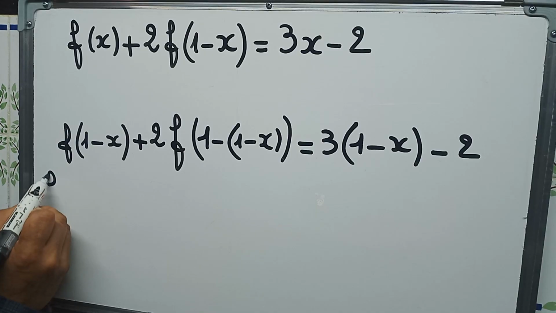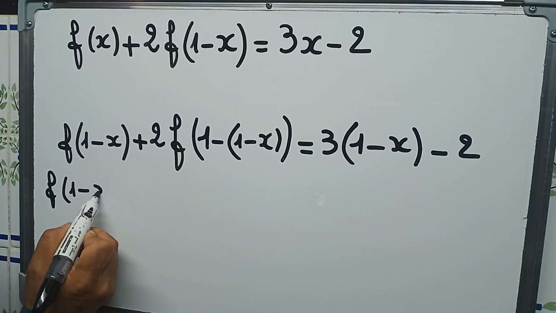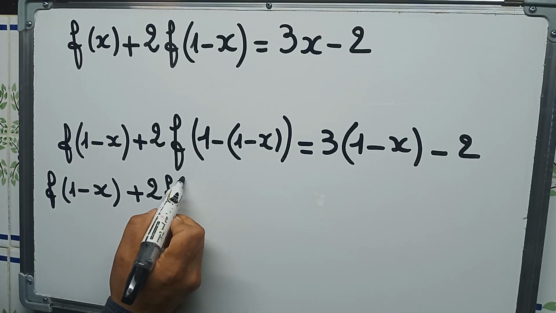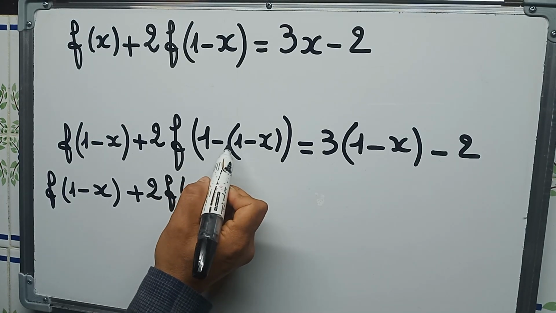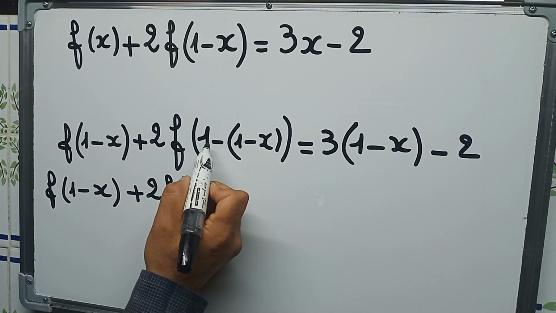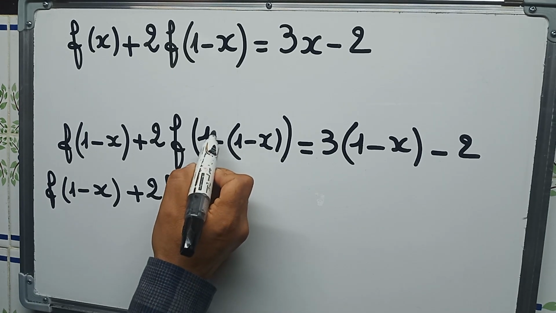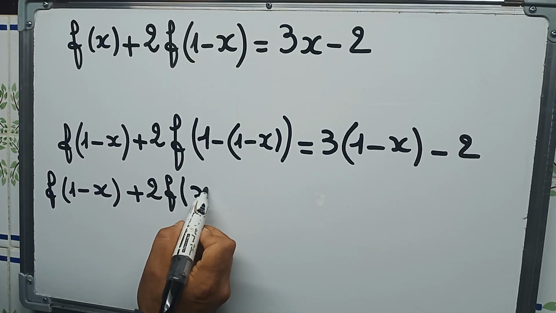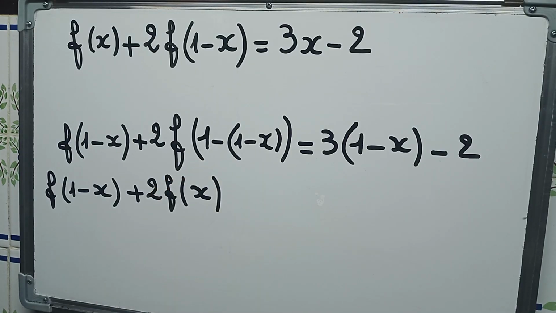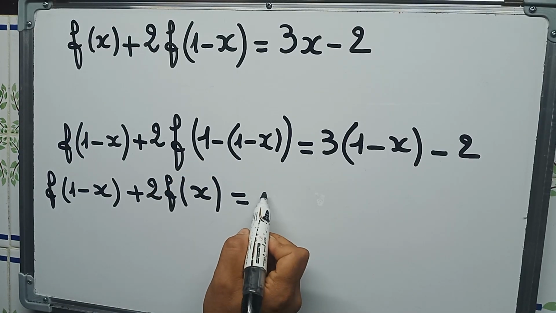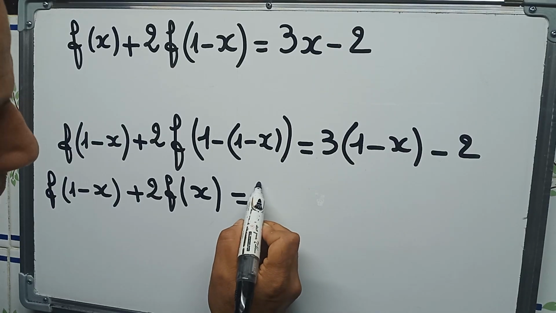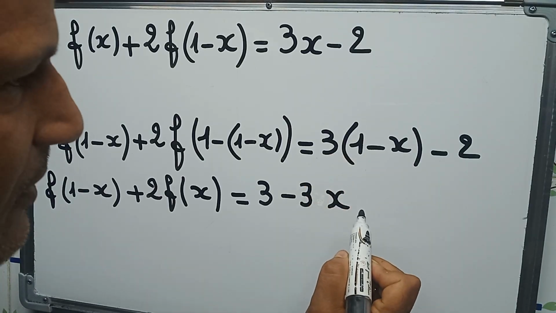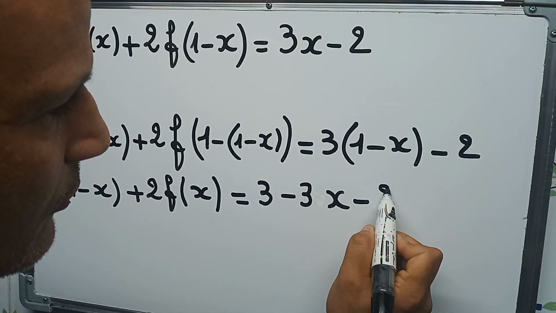Now here f of 1 minus x plus 2 f of here 1 minus x, developing we will have 1 minus 1, which is 0, plus x, because 1 minus with minus is plus. So here we will have x, because 1 will just cancel, is equal to, of course, 3 times 1 minus x is 3 minus 3x, of course, minus 2.